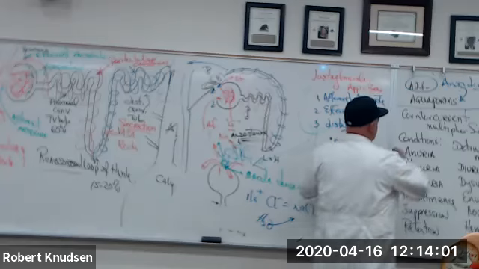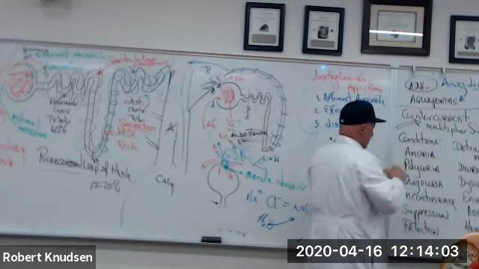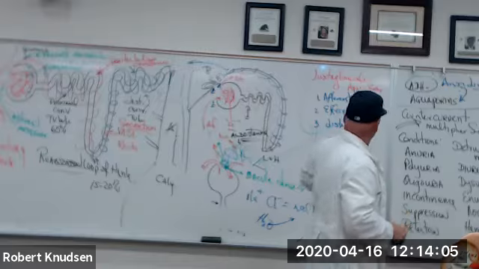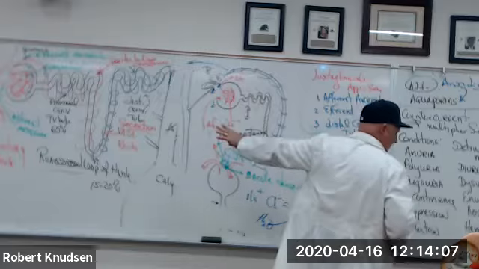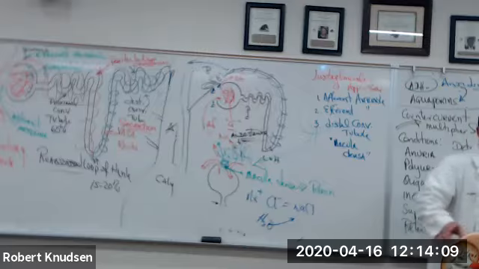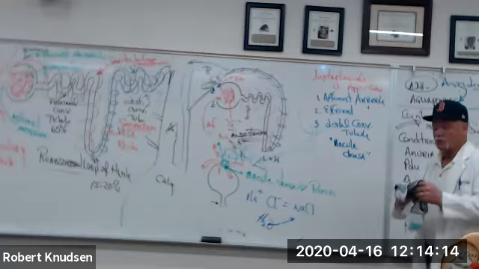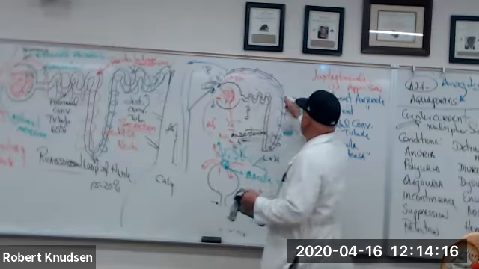Here's where I'm at. So what I'm going to do is I'm going to erase this. Okay? I'm going to erase the drawings, and I'm just going to put the loop of Henle here. Okay.